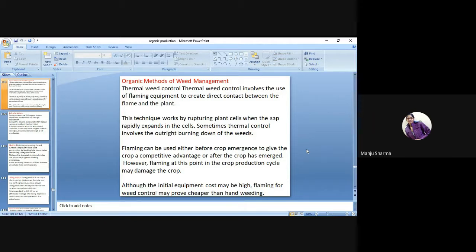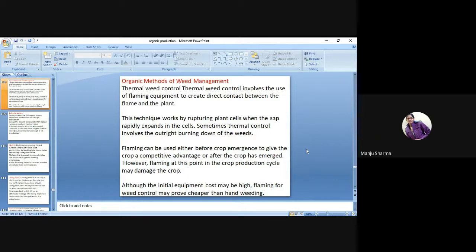This technique works by rupturing the plant cells when the sap rapidly expands in the cells. Sometimes thermal control involves the outside burning down of the weeds.